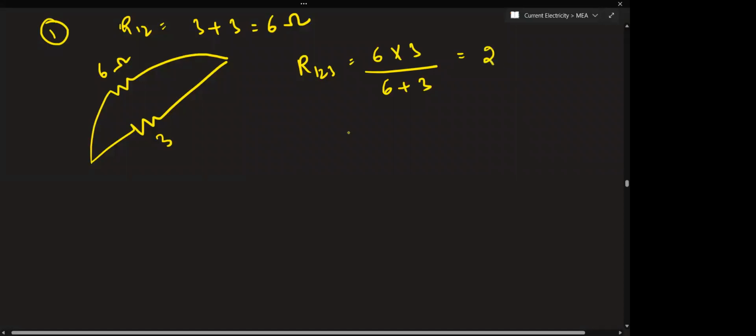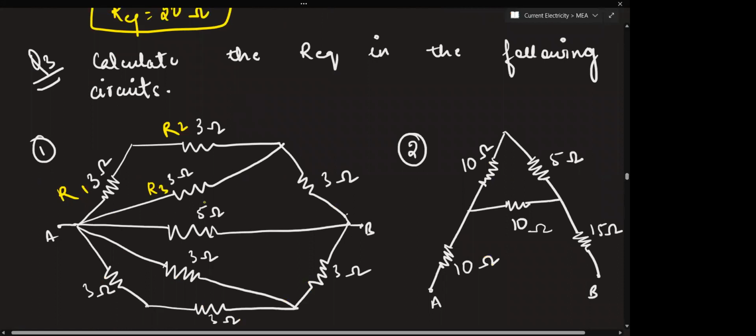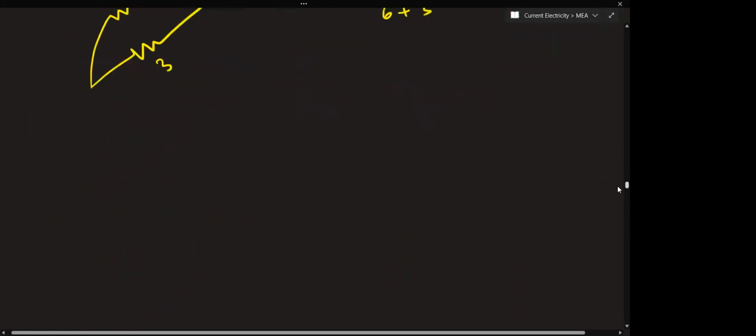That is 2 ohms. Now check in this circuit. All these three are replaced by 2 ohm. So this triangle looks like this: here you had the 3 ohm one and now you have the 2 ohm one.